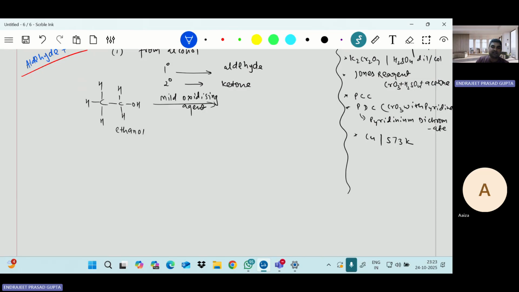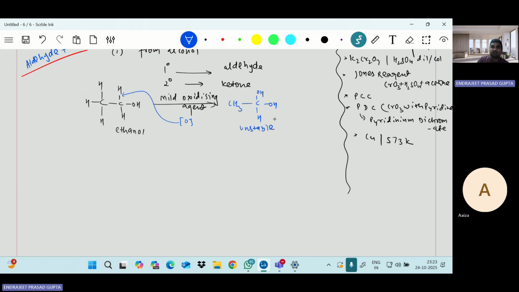If you take any one of these mild oxidizing agents, they will produce only oxygen, and this oxygen will oxidize the C-H bond, and now it becomes CH3 C(OH)2H, which is unstable.